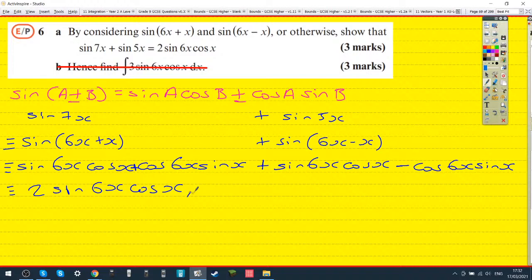That's it. 2 sine 6x cos x. Yep. So sine 7x plus sine 5x is the same as sine 6x plus x plus sine 6x minus x, which is the same as this plus this. And so, yeah, that's where it comes from. Sine 7x, you change it into 6x plus 1x. 5x, you change into 6x minus 1x.